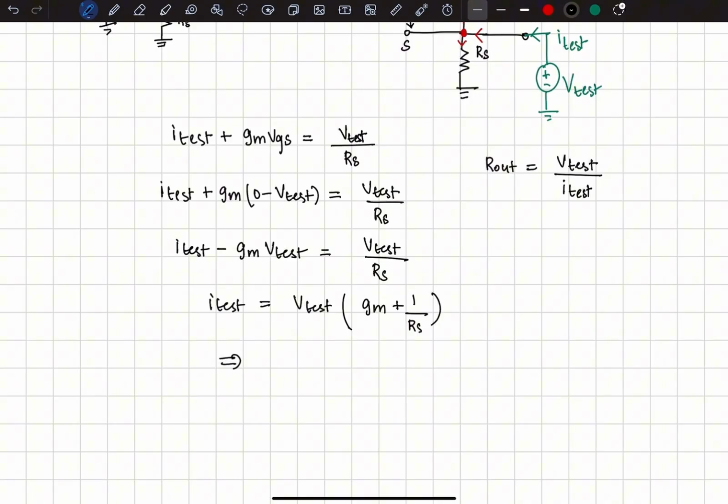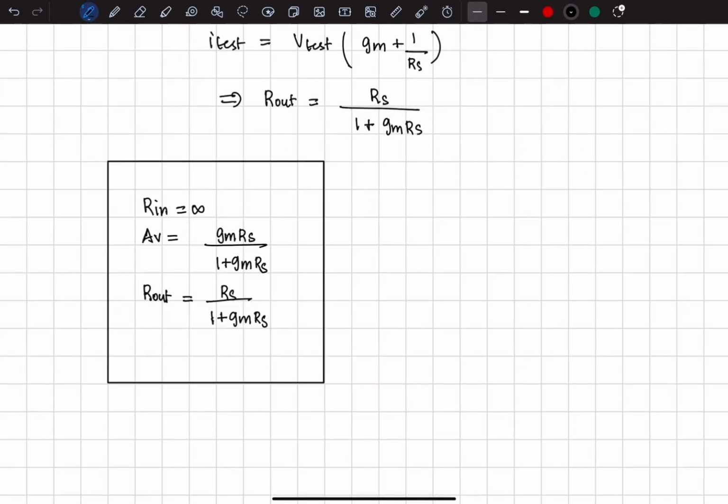Thus, the output resistance is given as RS divided by 1 plus gm RS. And these are the three important equations that are needed to understand the basic characteristics of a source follower.